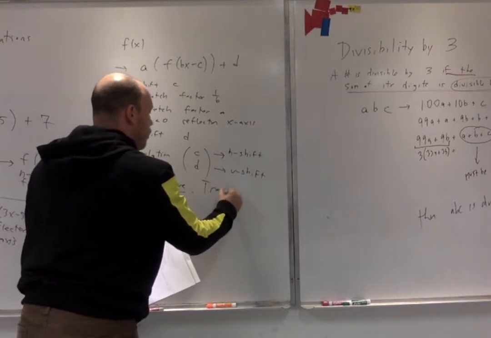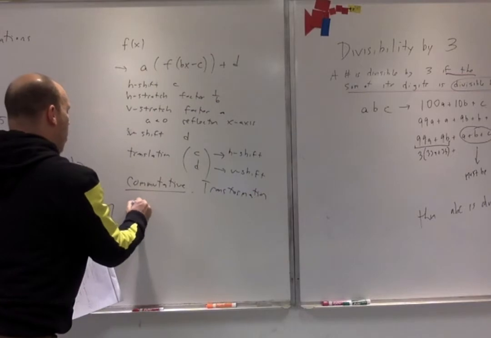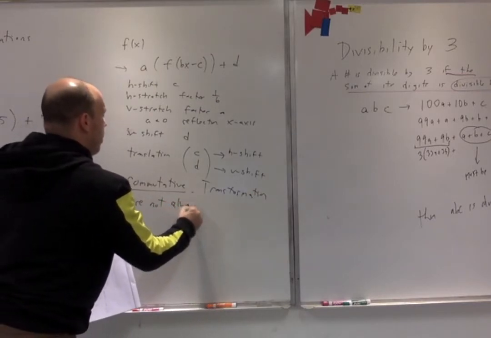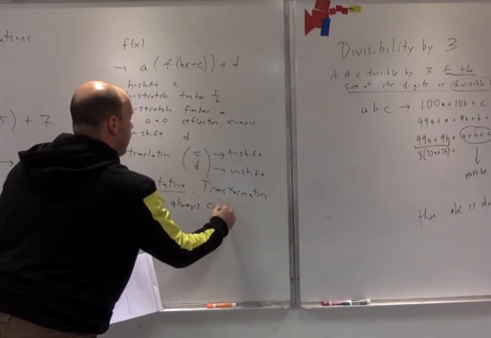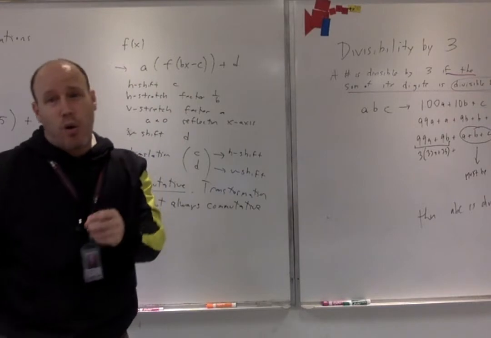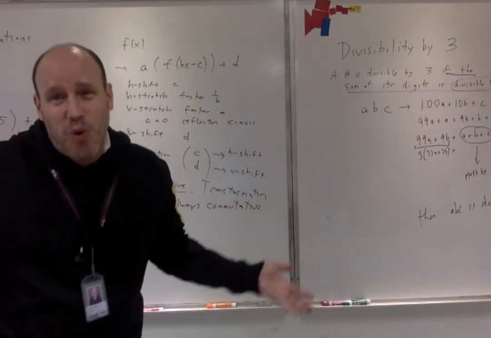Transformations are not always commutative. Sometimes you can switch the order and it doesn't matter. Other times it does. Well, what's the rule behind that?